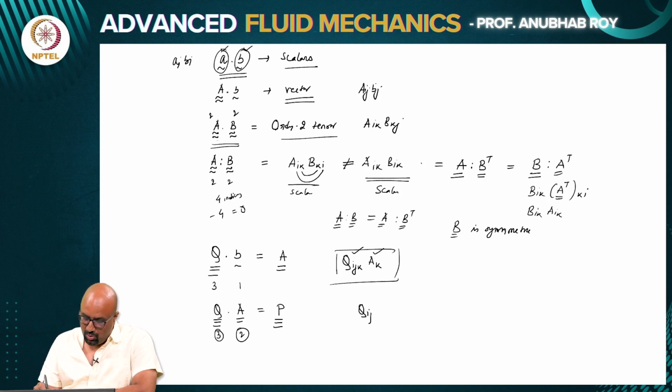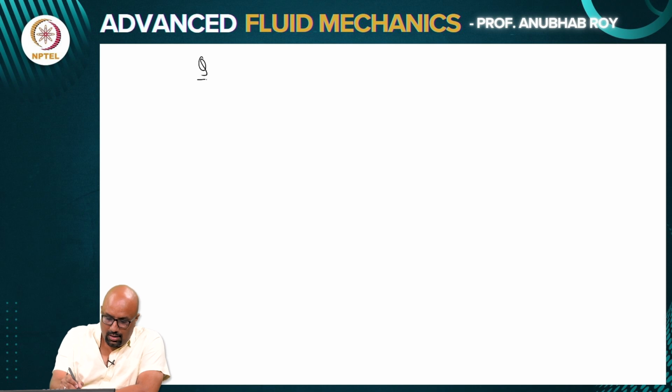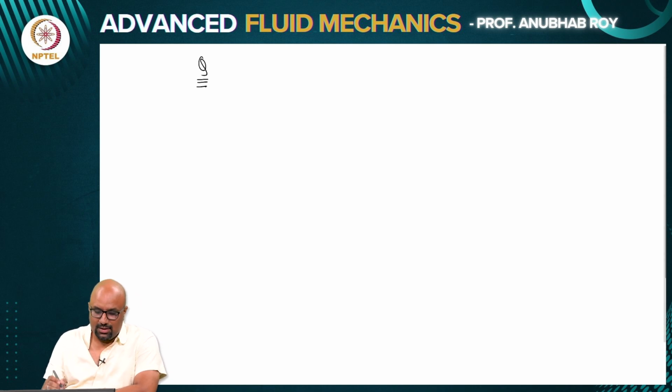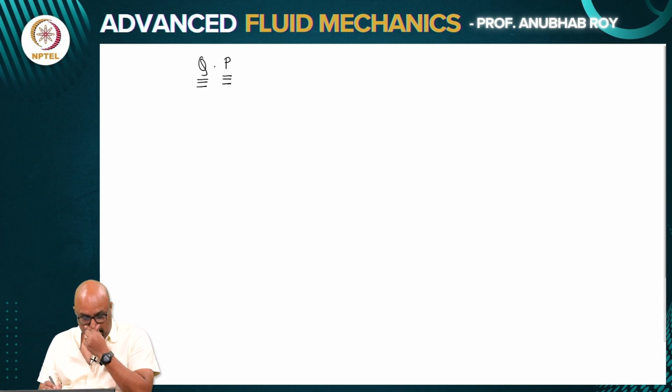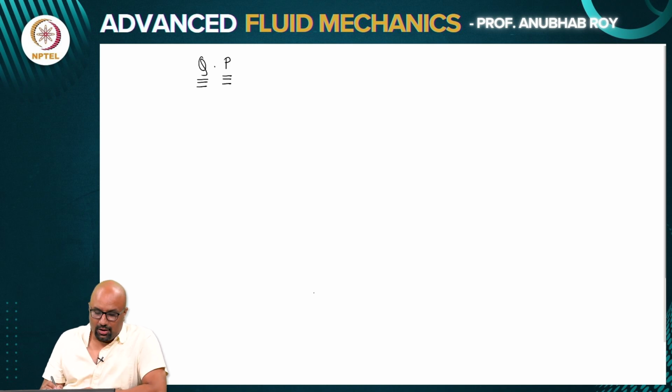So, it would be Q_ijk A_kl, which is P_ijl. We are nearing the end of this exercise. If I now do a dot product or a contraction between 2 order 3 tensors, I have 3 coming from Q, 3 coming from P. A single dot product would give me an object that is a 4th order tensor.